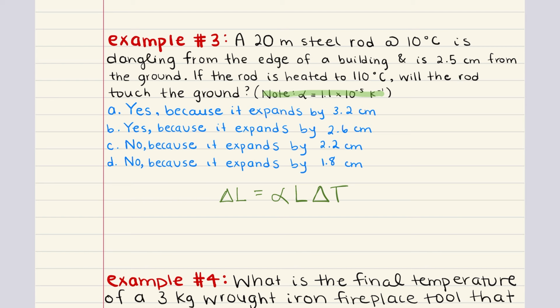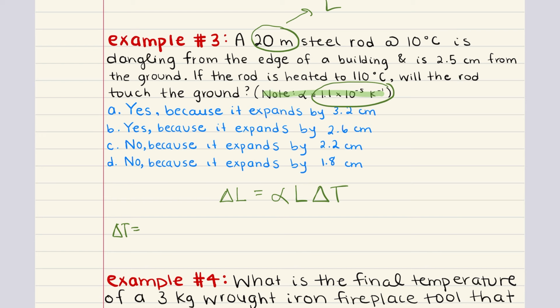Now we're given all of these values. Alpha is equal to 1.1 times 10 to the negative 5 inverse Kelvin. Our original length is 20 meters. And we're given the initial and final temperature so we can calculate delta T.